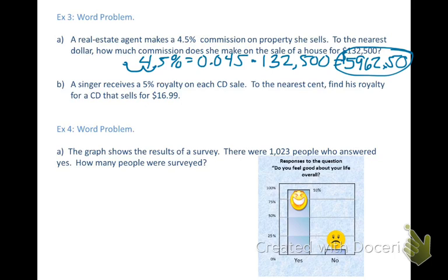So $17 times 5% is what? 0.05. Very good. So 17 times 0.05. She makes 85 cents on every CD.